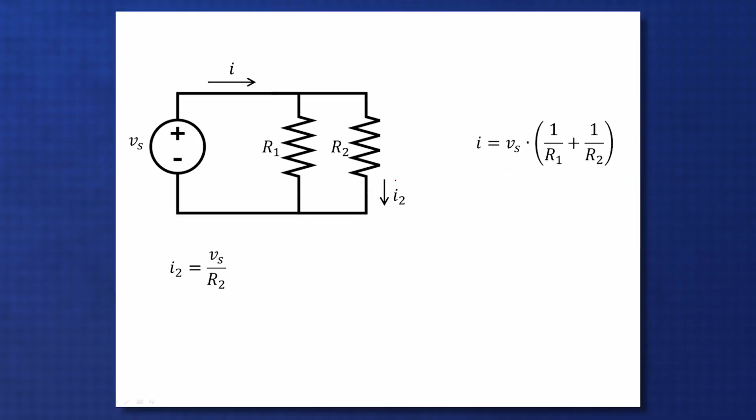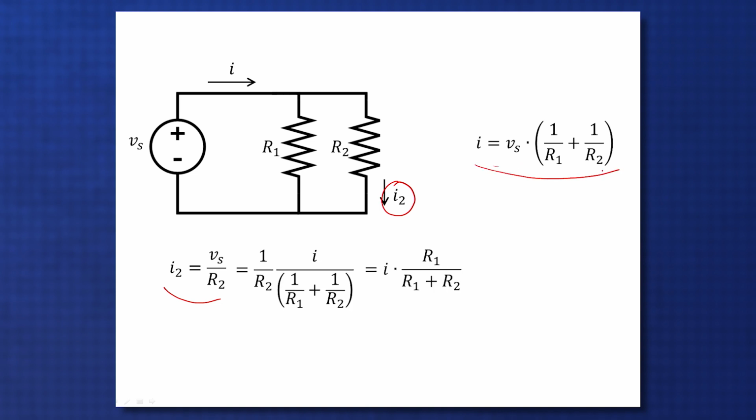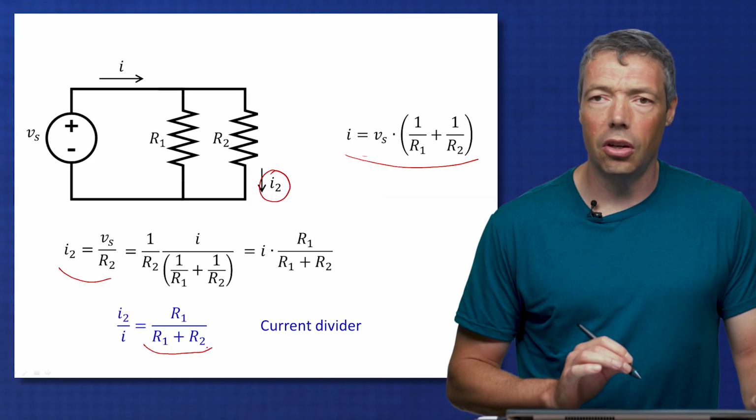Let me also now look at this current I2 that is flowing through R2. That's given by this equation here. It's Vs divided by R2. And I can solve Vs from this equation here and rearrange. And I basically see now that I2 is again a fraction of I that's given by this expression here. And this is called a current divider.